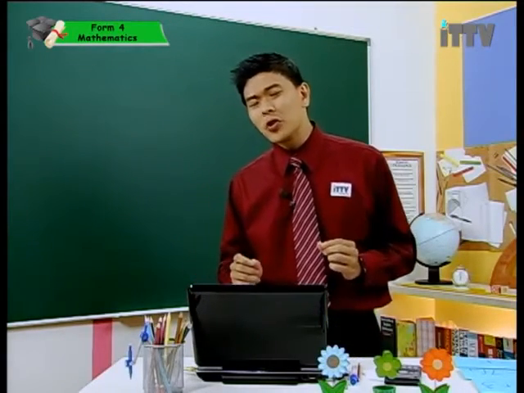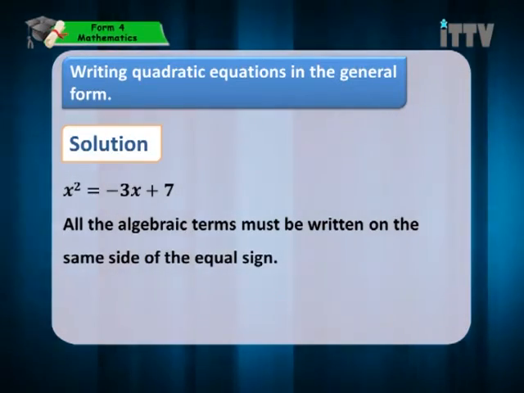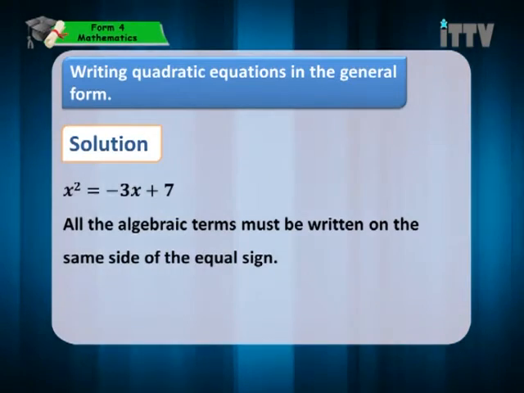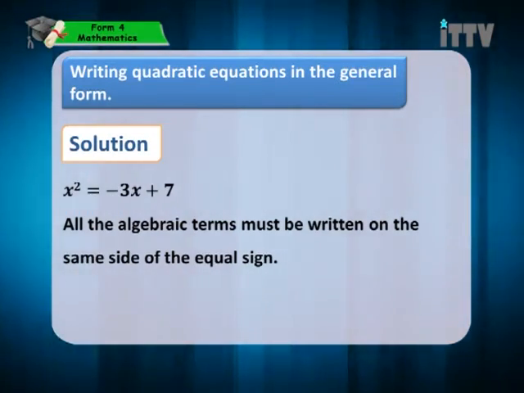But if you notice carefully, this equation is not in the general form. So how do you convert an equation from a regular form to the general form that we have learned just now? First step, all the algebraic terms must be written on the same side of the equal sign.